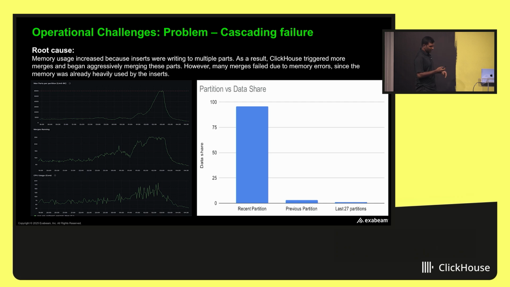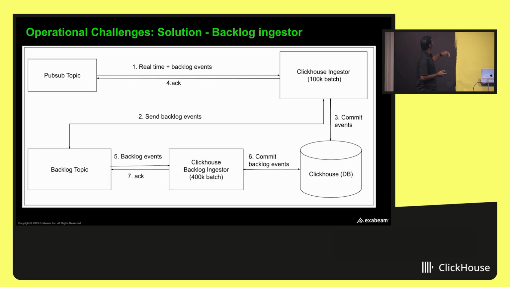To solve this problem, from the pub/sub topic we get real-time and backlog events. The real-time ingester sends the backlog events to a backlog topic, commits the real-time events into the ClickHouse DB and acknowledges. The backlog ingester processes much bigger batches and reduces the number of part files for the older partitions.